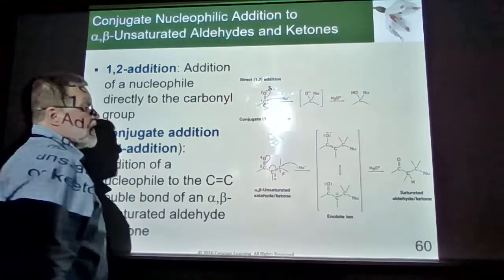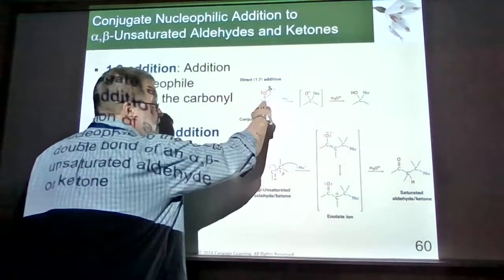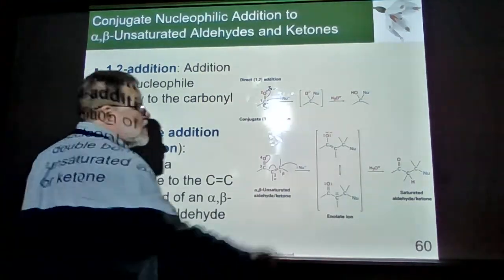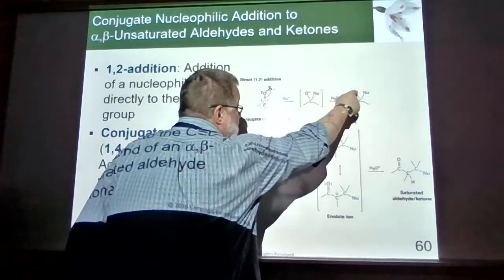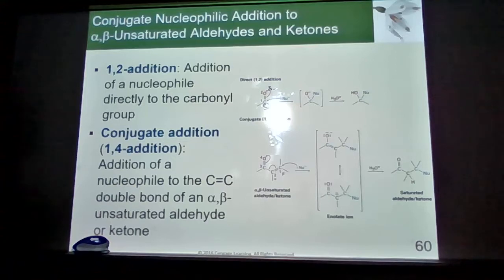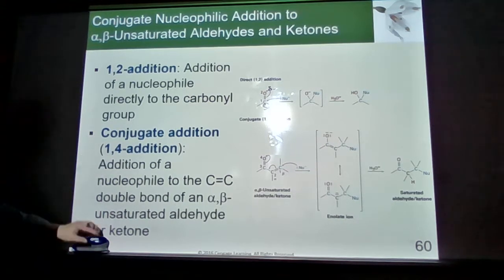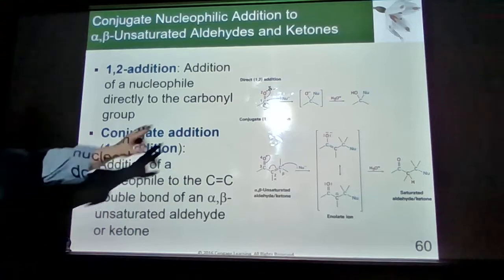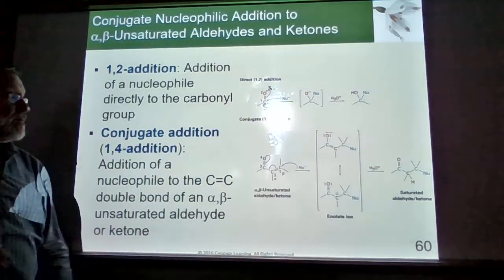The nucleophile, having a minus charge or an unshared pair of electrons, can come in, break the carbon-oxygen double bond, and give you this tetrahedral intermediate. You can pick up a hydrogen to give you the corresponding alcohol. Or, depending upon the structure, we can have what's known as conjugate addition or 1,4 addition. Here, the reaction happens at the carbon of the carbonyl.